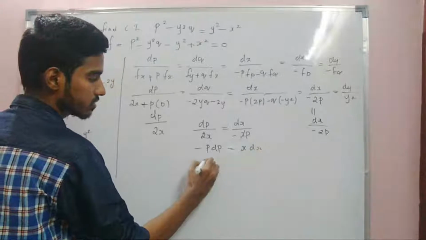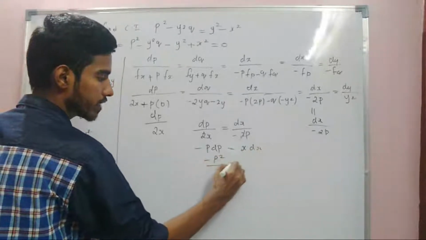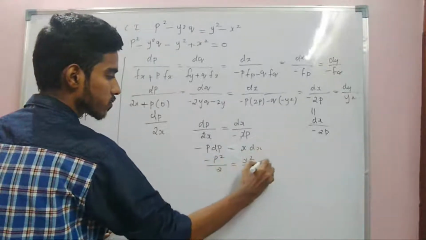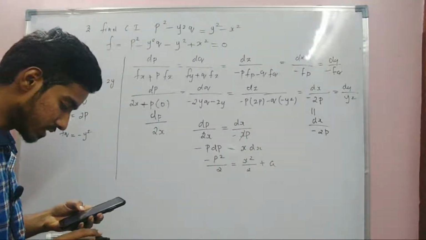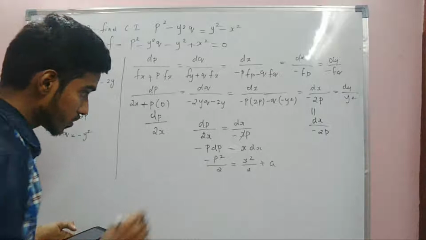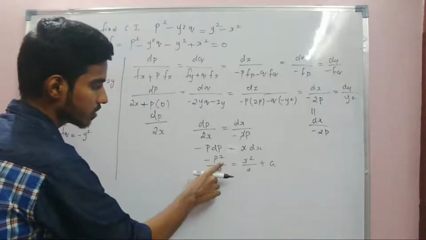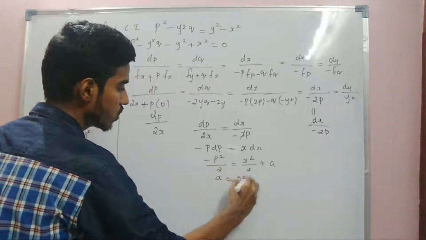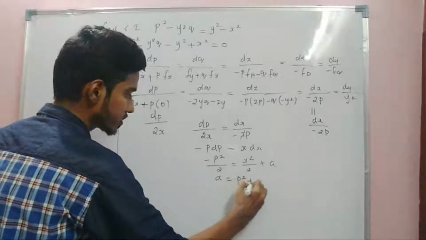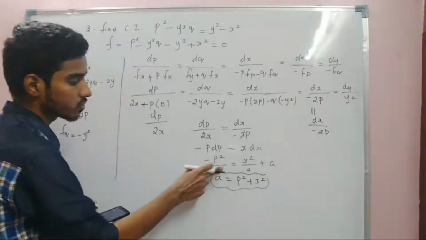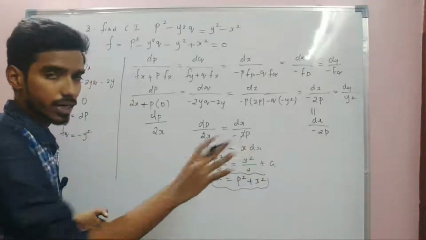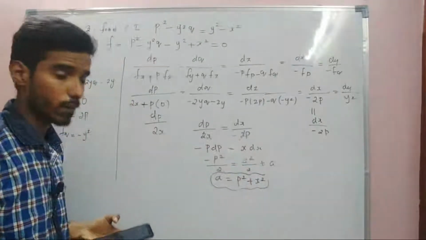If I integrate this, we will have minus p square by 2 is equal to x square by 2 plus some constant a. If I bring this to this side, I can write a to be equal to p square plus x square. Since a is an arbitrary constant, I can neglect the 2 and the minus sign.